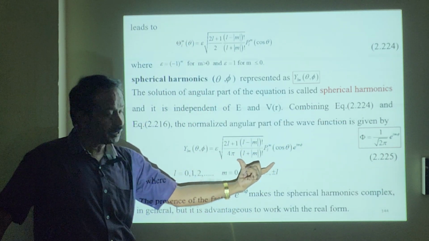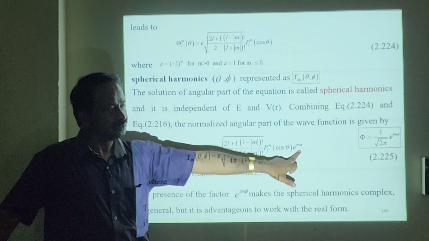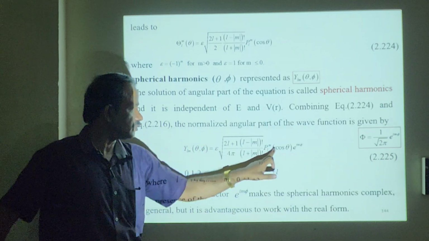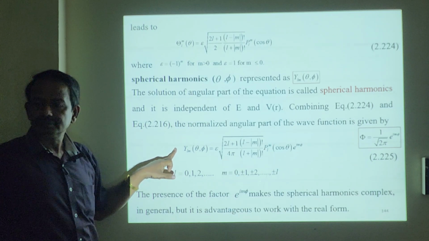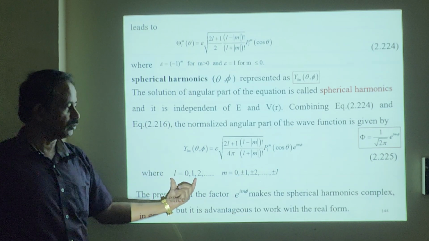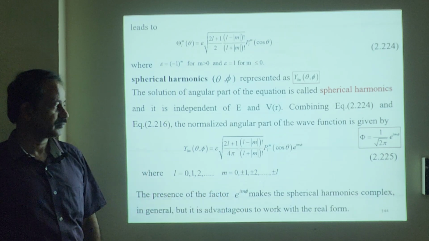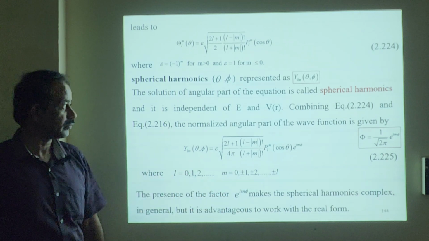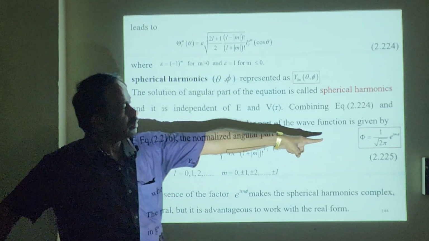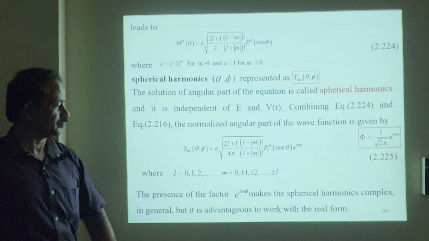So this is your theta part and this is your phi part. Phi solution, can you remember this phi solution? The product of these two will give you the spherical harmonics put together, where L goes from this factor and m goes from this condition. Is it okay? You have 2 here, and here also we have root 2 pi, so that will give you 4 pi. Other things are all the same.